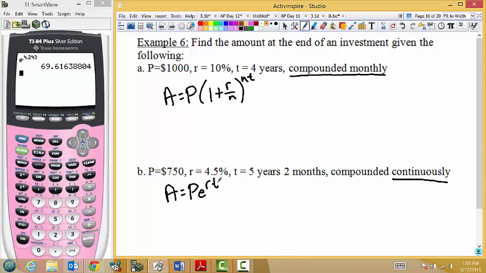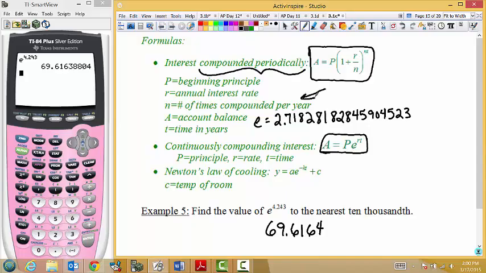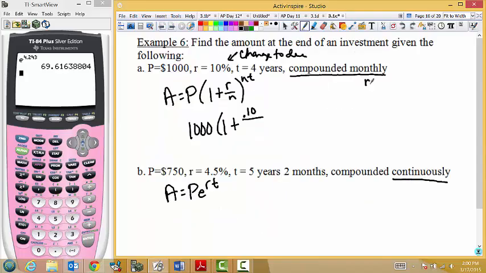And I'm just going to stick them straight in. P is 1,000. R is actually 0.10. You have to change it to a decimal. And then over N. N is the number of times compounded per year, right here. So if it's monthly, N is 12.